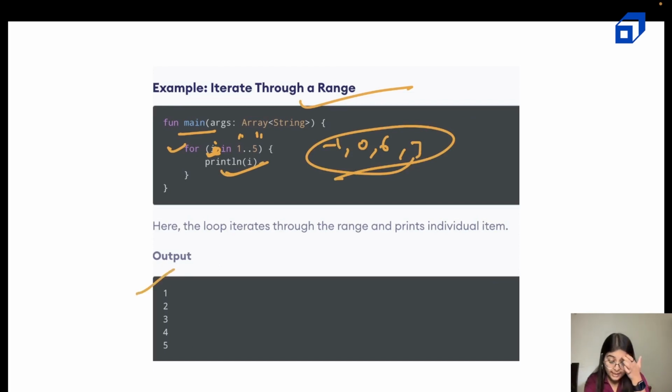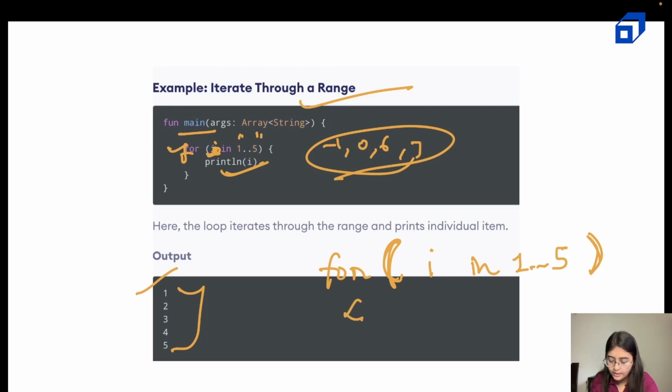In this case the value will be from 1 to 5, because we are telling it that only if i is in this range, then this piece of code will be executed, right? Perfect.